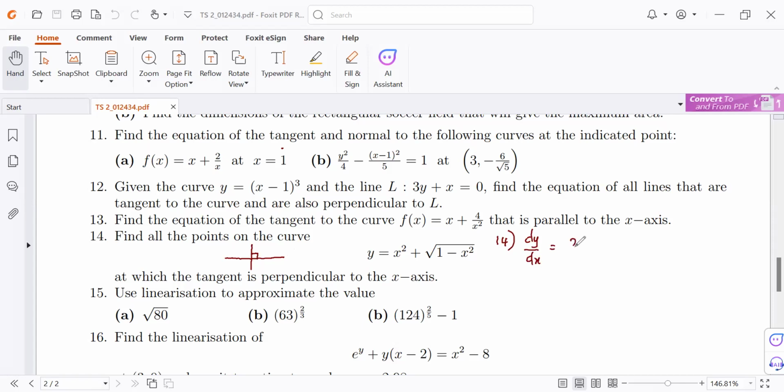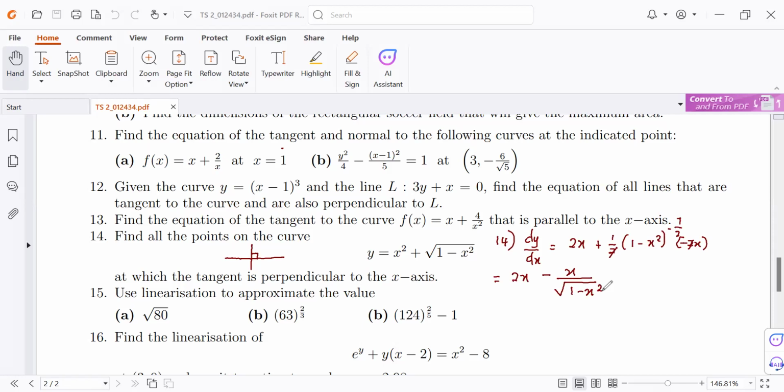We'll get 2x plus half times 1 minus x squared to the power minus half, multiplied by minus 2x. This 2 and that 2 cancel, so it will be 2x minus x over the square root of 1 minus x squared.